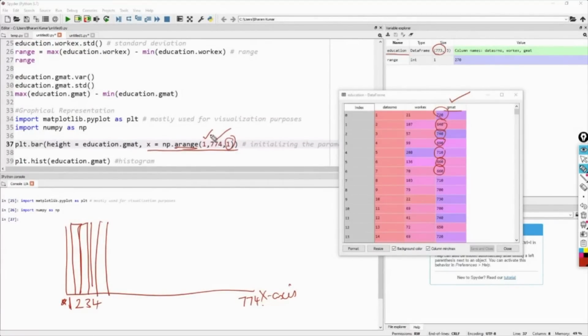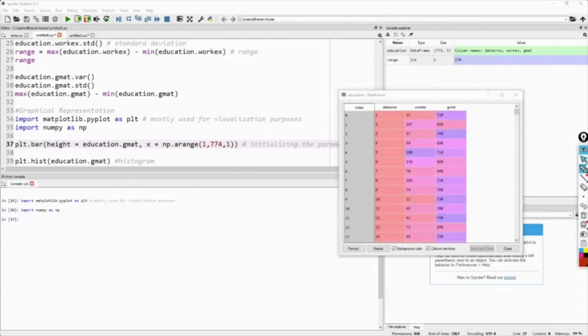That's the meaning of this. So you start from here, you end with this number, and this is the increment of 1. And within NumPy, there is this function called arange, a range of numbers. And this is what you're saying. Okay.